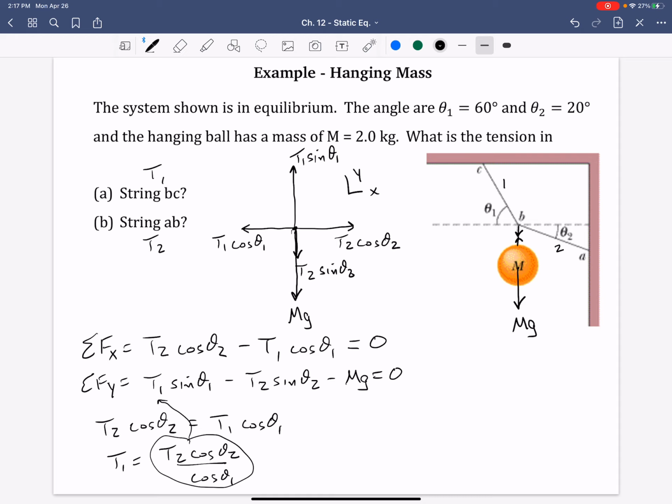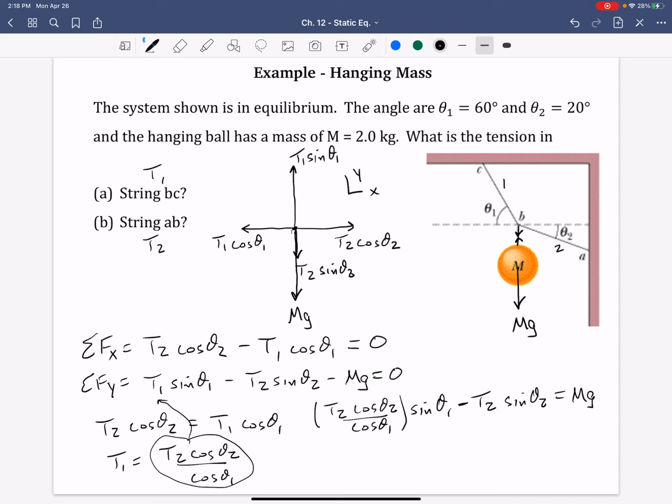So what we have now is parentheses T2 cosine theta 2 over cosine theta 1 times sine of theta 1, minus T2 sine theta 2, and I'm going to solve for mg, putting that on the right side.